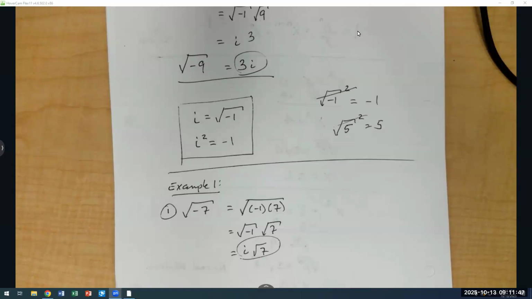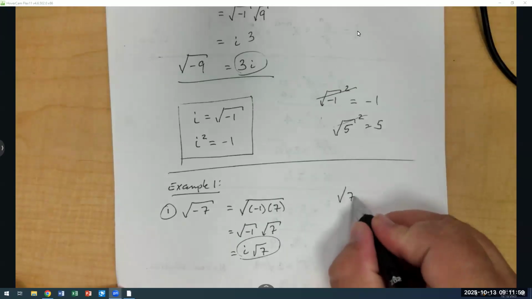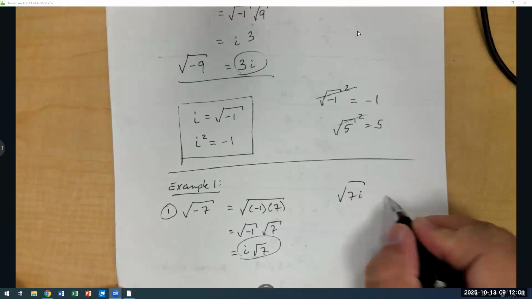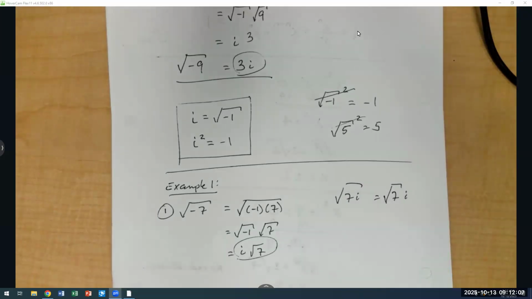Can you guess why we don't put the I after the square root of 7? Are they the same thing?